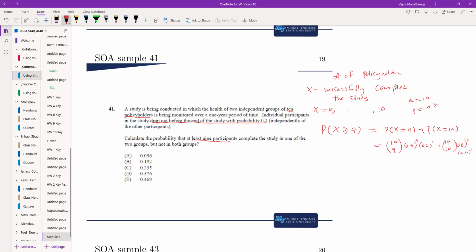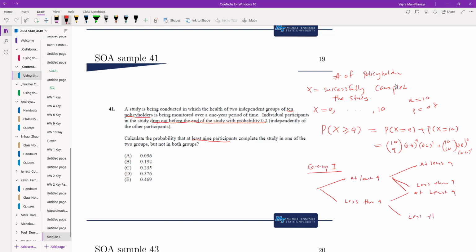So now we have 2 groups. I can say group 1, at least 9, less than 9. In group 2, at least 9, less than 9.